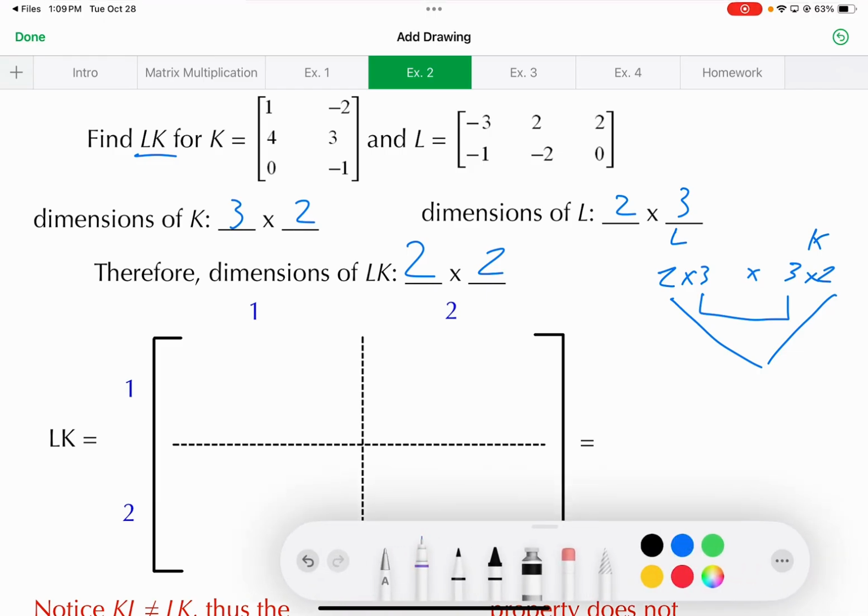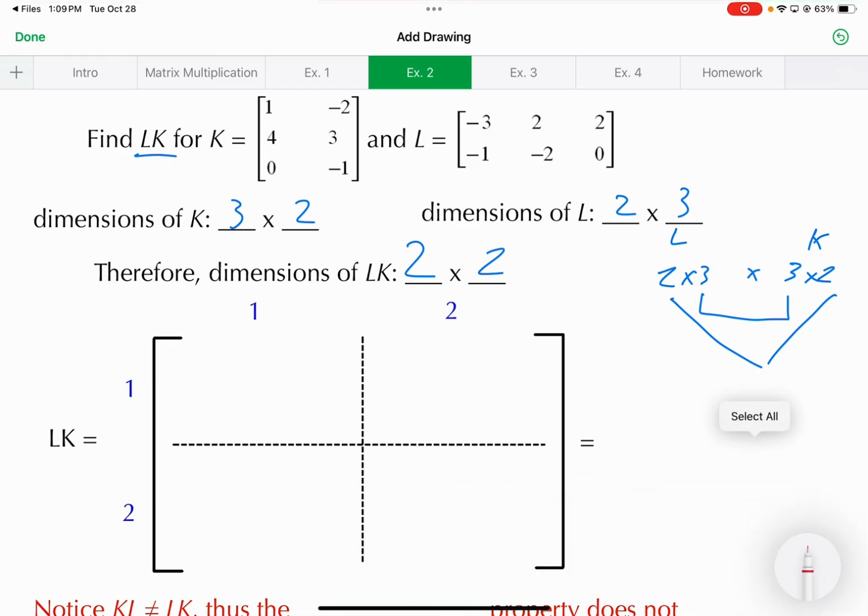All right. Okay, so let's do this. So we want to do, in this case, left to right times top to bottom, but the left to right that I'm going to do is going to be in L, and the top to bottom I'm going to do is going to be in K, because I'm doing L times K. So it's different.